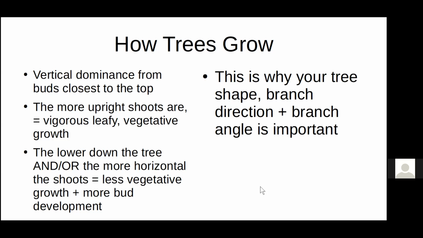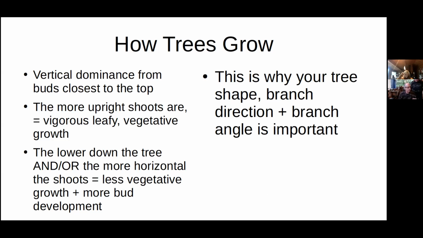Basically, bud break is led by a hormone called cytokinins, and it moves from the roots up into the highest point of the tree in the spring. When that bud starts to grow, it produces another hormone, which trickles back down with the aid of gravity and suppresses all the growth below it.